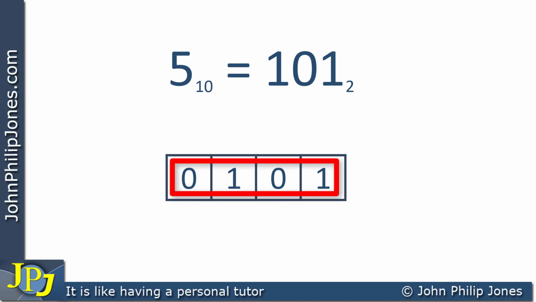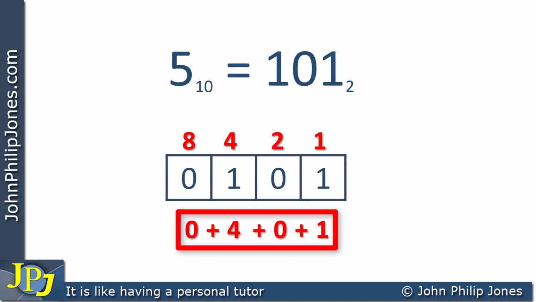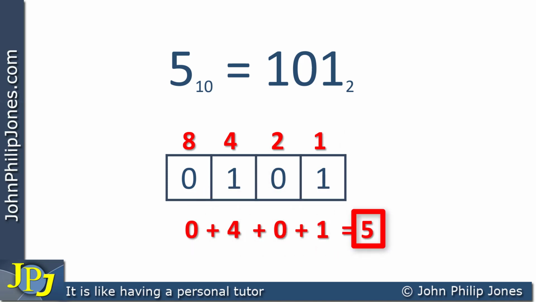So this nibble still represents 5, because remember, when you're talking about binary, there are place values. If we have a look at what these place values give us, they give us the following. This 0 means we have no lots of 8, which I'm showing here. This 1 means we have one lot of 4, which I'm showing here. This 0 is because we have no lots of 2, and this 1 is because we have one lot of 1, and if I now consider these and add them up, we get 5.